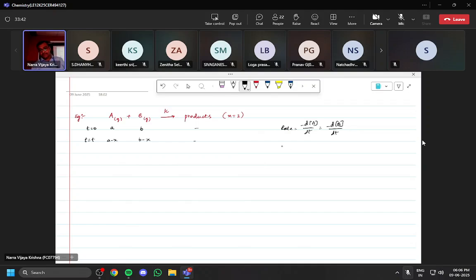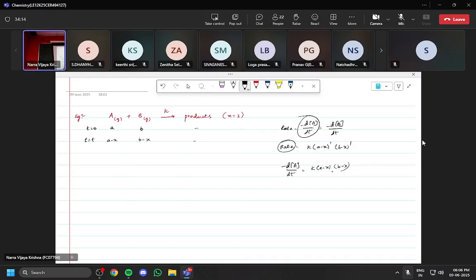Rate equal to K into (a minus x) power 1 into (b minus x) power 1. Now this and this both are rates only. Either I can write that in terms of dA by dt or maybe dB by dt, anything. So I am writing, therefore, minus dA by dt equal to K into (a minus x) into (b minus x), right?